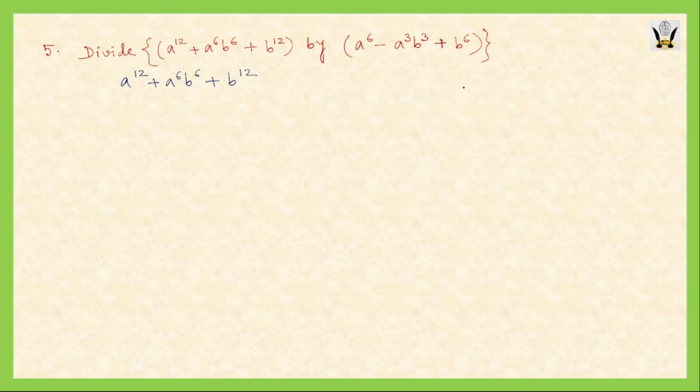Now what is it? We know this identity: x square plus y square, and that is what? That is (x plus y) whole square minus 2xy, right?